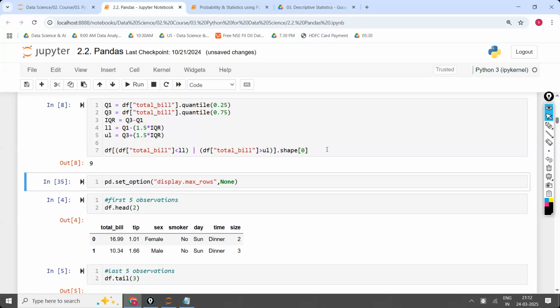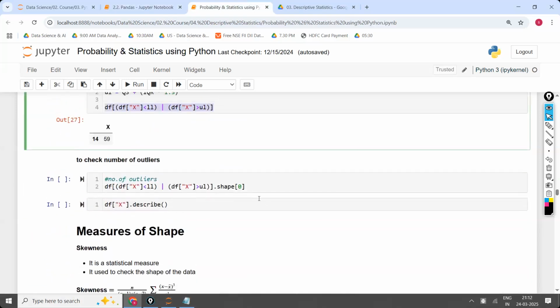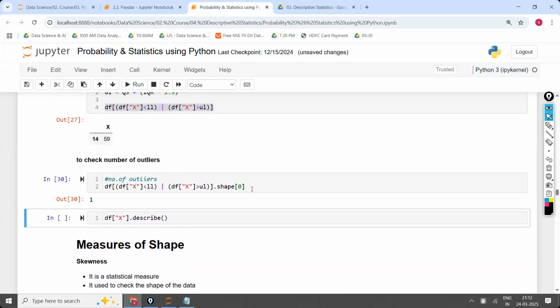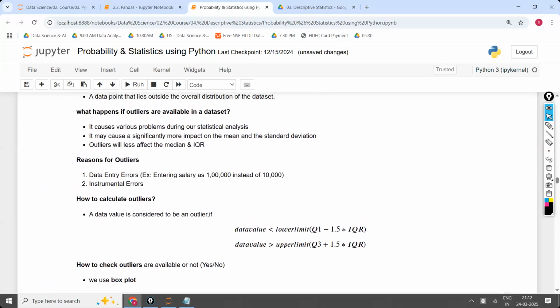This gives the number of records: 9. Is the point clear? Same thing I have written here. So the number of outliers will be calculated like this. Is the point clear, guys? Don't count the number of outliers in the box plot. Anyone has any questions?